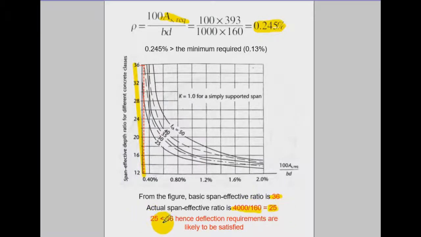So 25 is less than 36. Hence, deflection requirements are likely to be satisfied. That's one way to check the deflection. The deflection is not going to cause any kind of trouble later on. So we're done with the deflection.